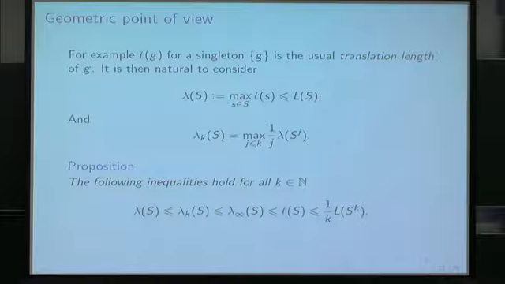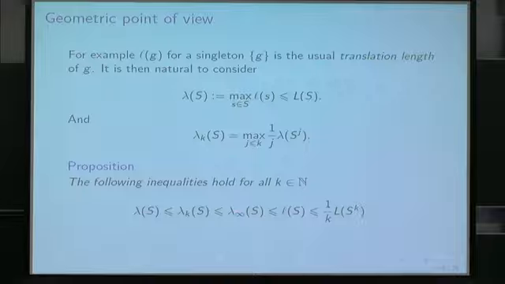Then you have this proposition, which is very general. It holds in every metric space, for every finite set of isometries. The maximum of the translation length of S is at most lambda sub k of S, which is at most lambda infinity.